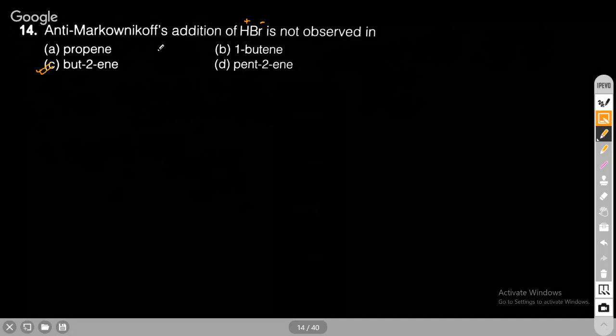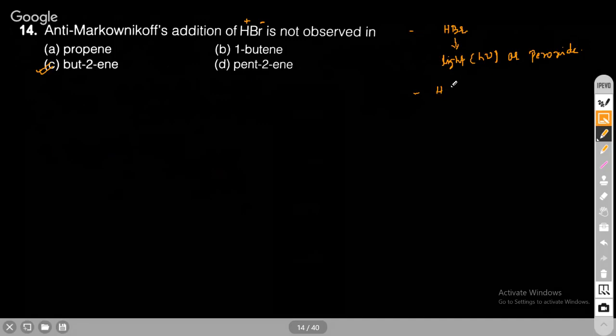Anti-Markovnikov addition is possible in case of HBr only, and that is only in presence of light. We can also write h nu, light, or in presence of peroxide. This is a point to write down. Anti-Markovnikov is only valid for HBr.